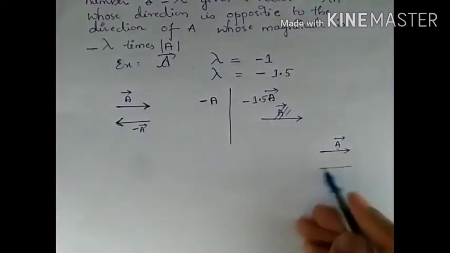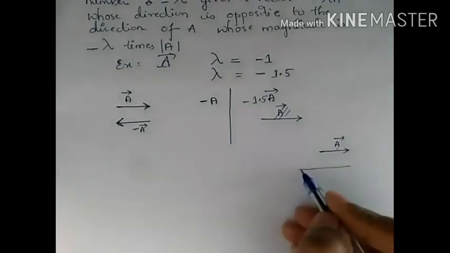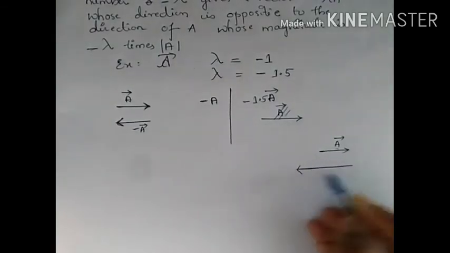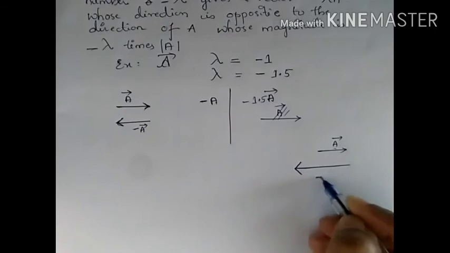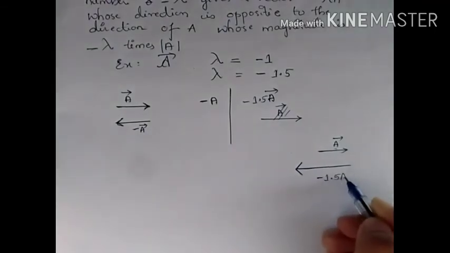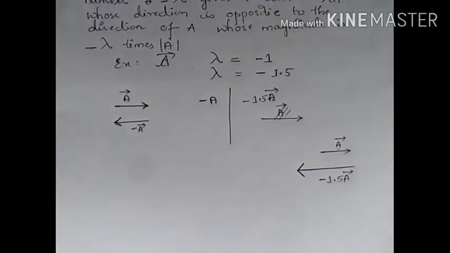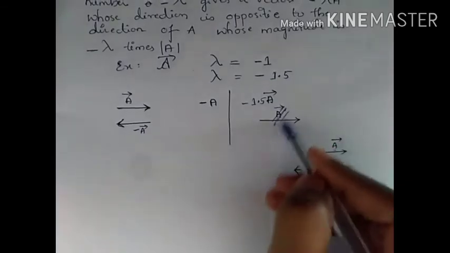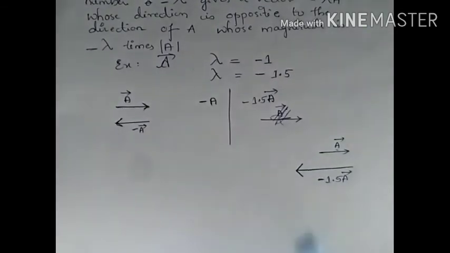So this is 1 and this is 0.5. So this is minus 1.5 A vector. So why is this opposite in direction? Because this has got a negative value here.